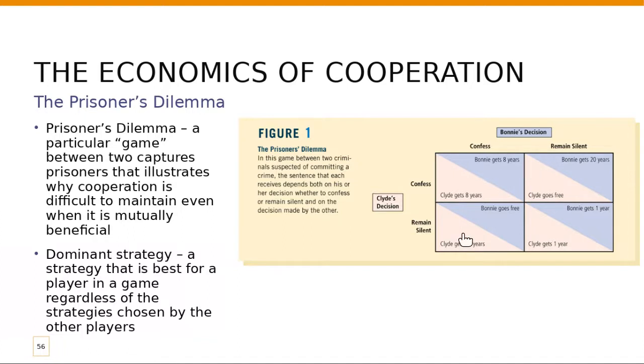Similarly, if Bonnie confesses and Clyde remains silent, then she goes free, as opposed to 1 year in jail if she remains silent. Now, this is where things get tricky and show us the importance of a Nash equilibrium and dominant strategy. Bonnie should always confess because she will get a better outcome regardless of what Clyde chooses.